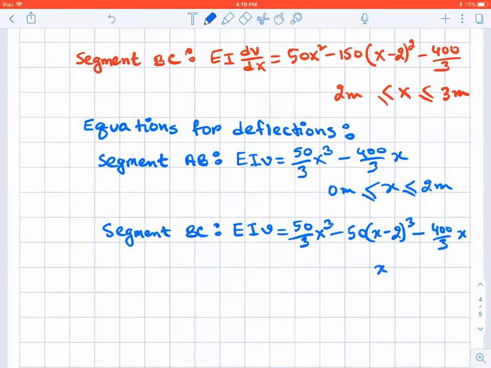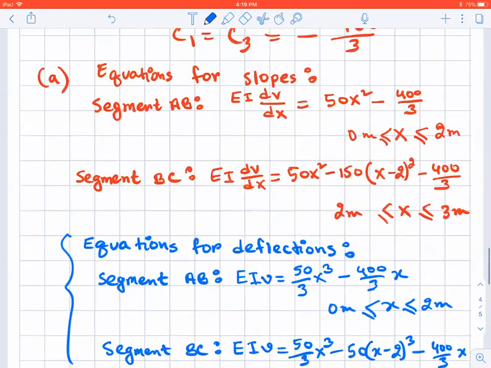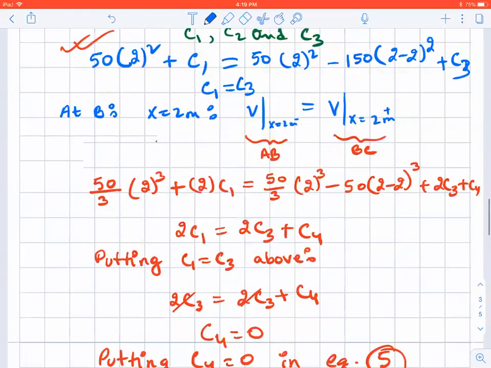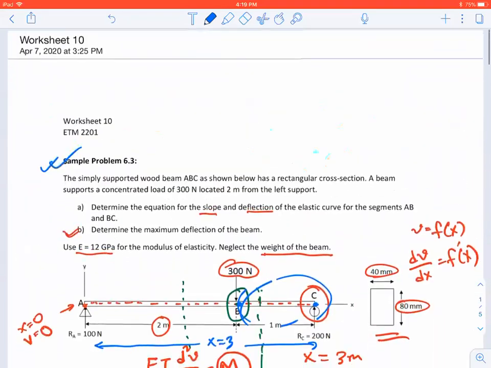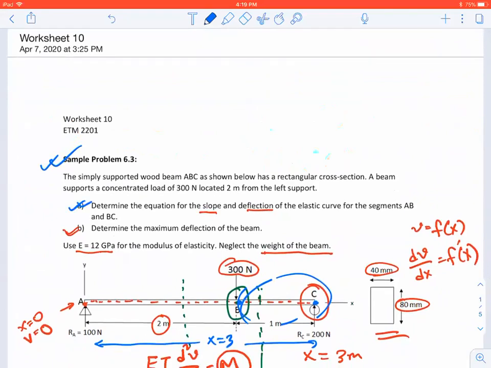Now this is again valid for x greater than or equal to 2 meters, less than or equal to 3 meters. So we are actually done. That's what the problem asked for part A: the equations for the slope and deflection for segments AB and BC. We found it.